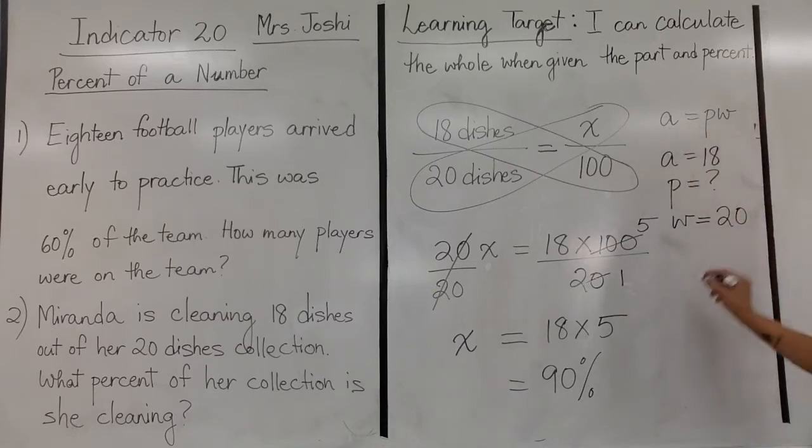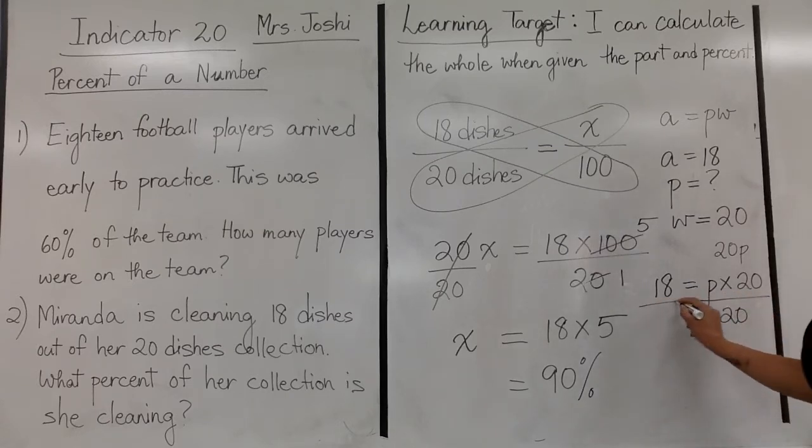Okay, so if I wrote the formula out, I have 18 is equal to P times 20. Okay, I'm just using the formula. Now, since this is multiplication, this could also be written as 20p, but if you wrote it like this, that is fine, because we are just dividing both sides, because opposite of multiplication is division.